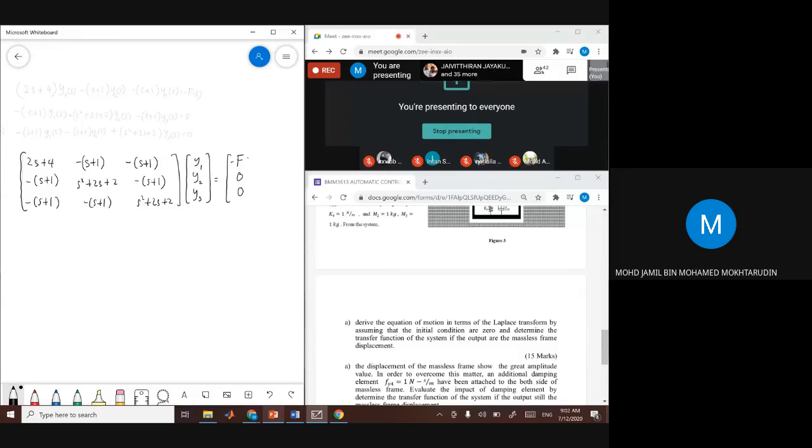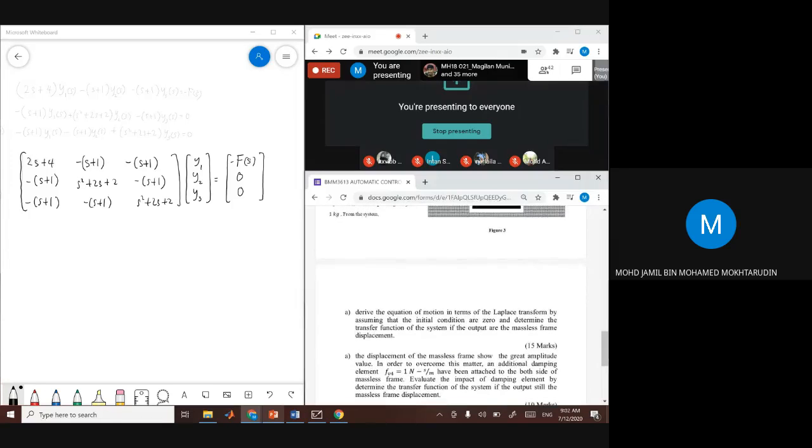Okay, and then determine the displacement of the massless frame. So massless frame y1. So Y1(s) equals.